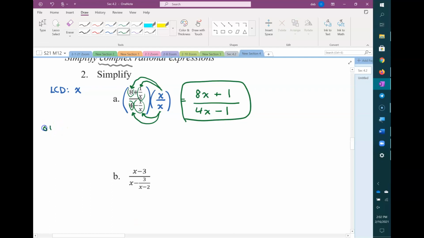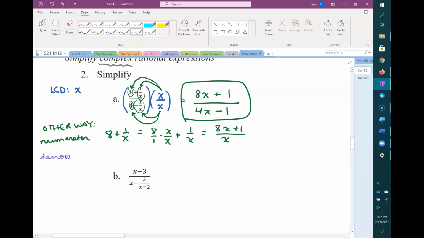Then the other way is to just look at the numerator first and get a common denominator for the numerator. So I'd have 8 over 1 times x over x plus 1 over x. So that's 8x plus 1 over x.